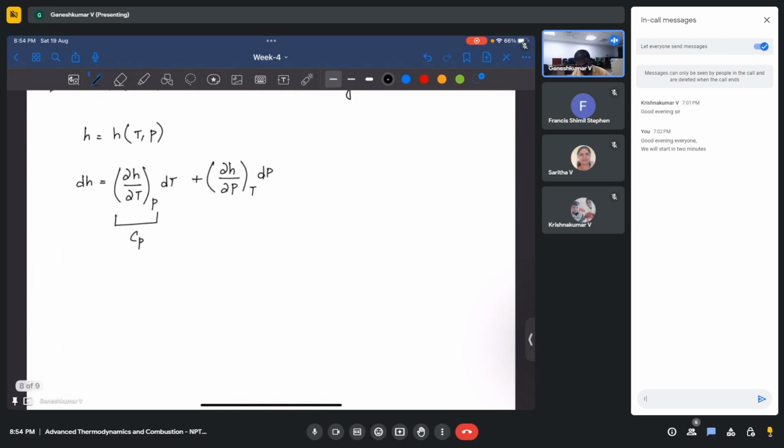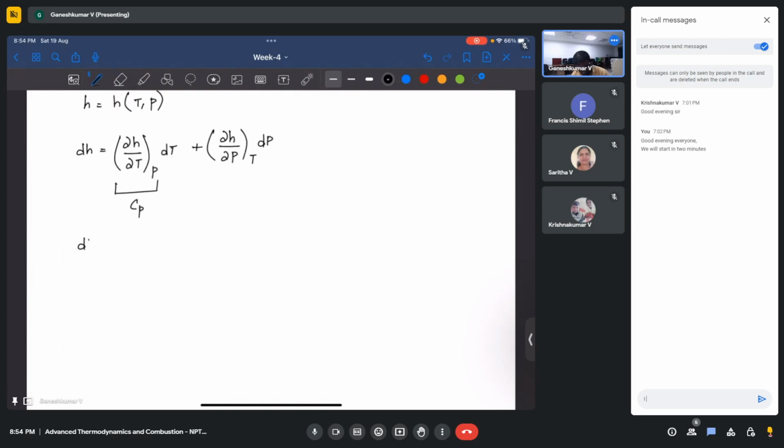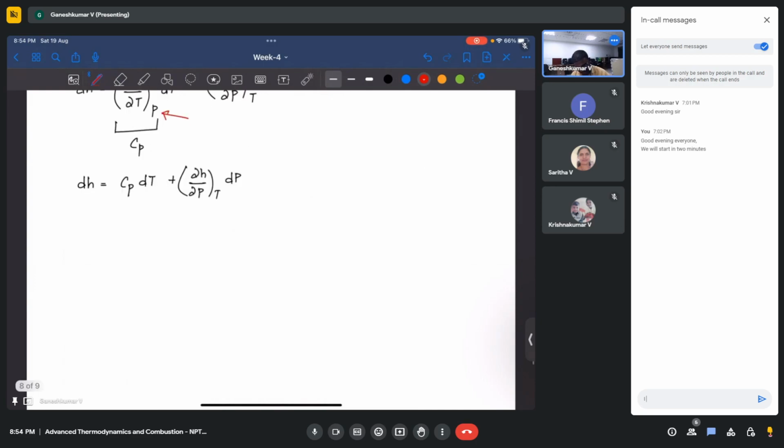Since dH is nothing but Cp dT plus ∂H/∂P at constant T dP. So here it is for constant pressure. In a constant pressure process, the change in enthalpy for a change in temperature is nothing but the specific heat. That is the definition of specific heat, so that's why we wrote it like this. I hope that's clear.